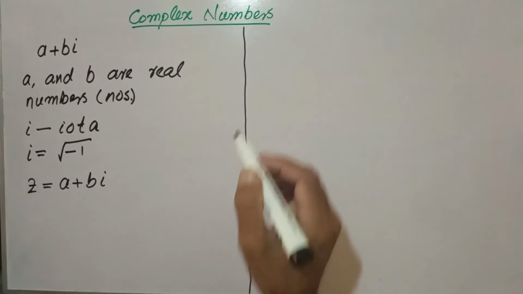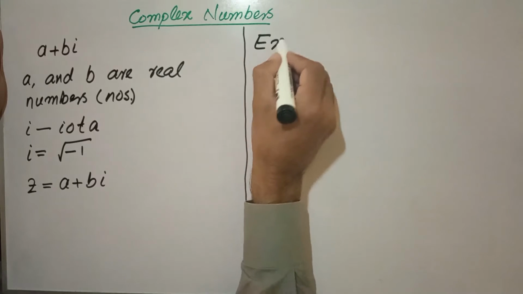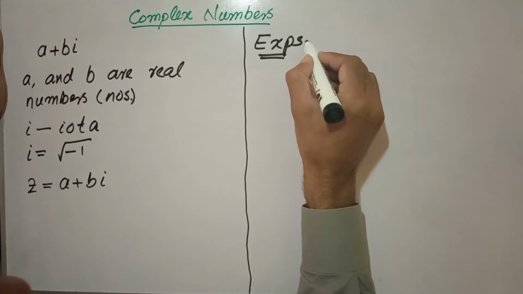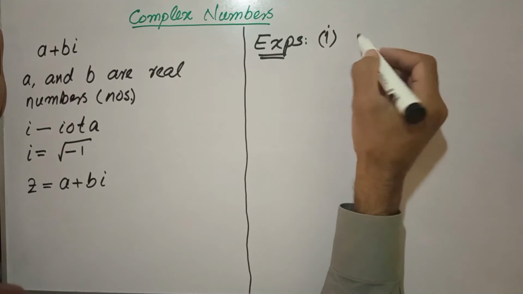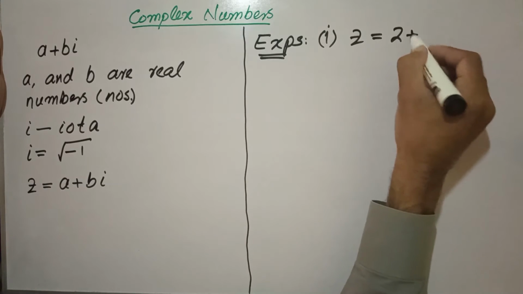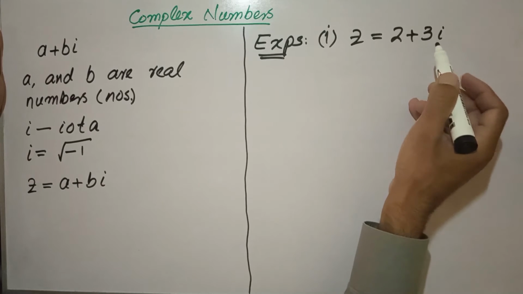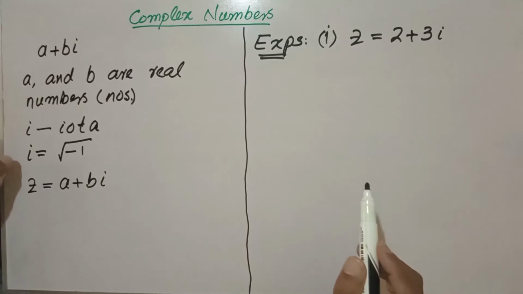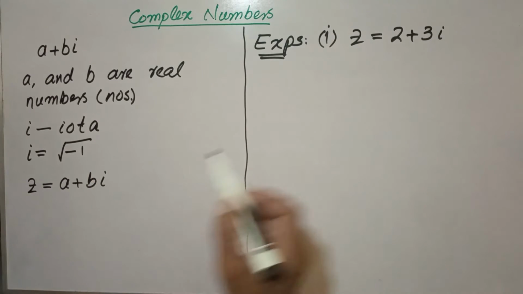Let's consider some examples of complex numbers. For example, we may have a complex number of the form 2 plus 3 iota. Here 2 and 3 are real numbers, and iota is the number which is equal to square root of -1.